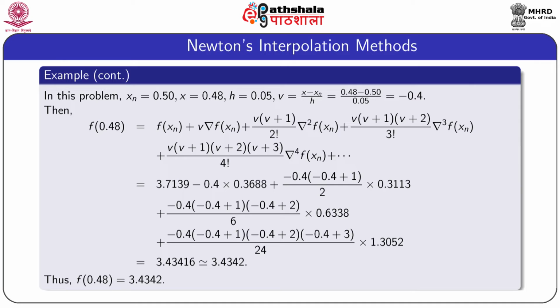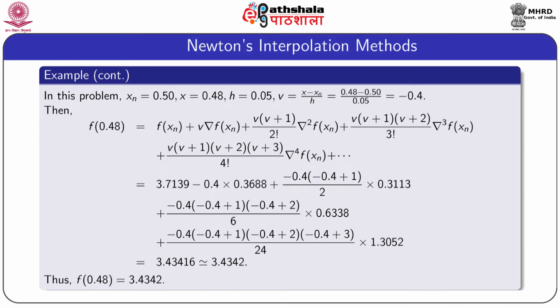Thus, by Newton backward interpolation formula, f at 0.48 equal to f of xn plus v nabla f of xn plus v into (v plus 1) by factorial 2 nabla 2 f of xn and so on.